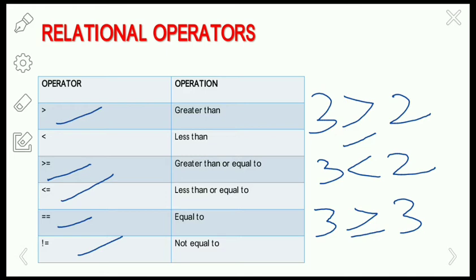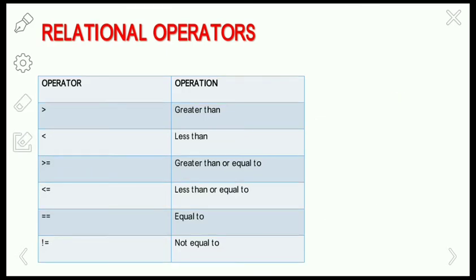Similarly for less than or equals to, the same condition applies, so the answer will be true only, since 3 is equals to 3. And for the double equals to sign, it should be used to compare two values. We should not use the single equal sign here.